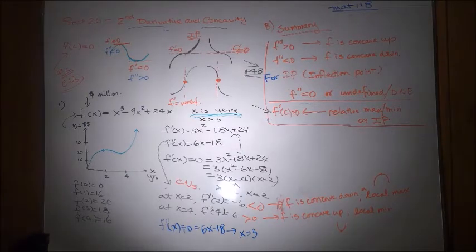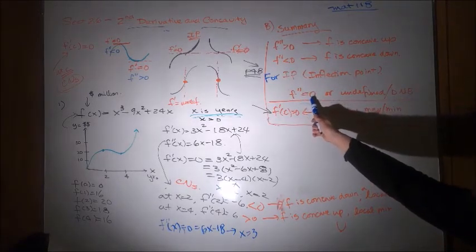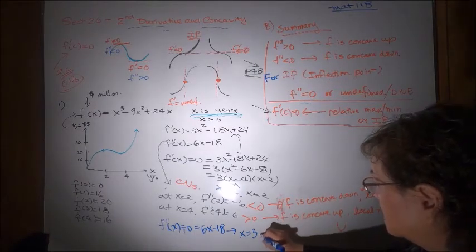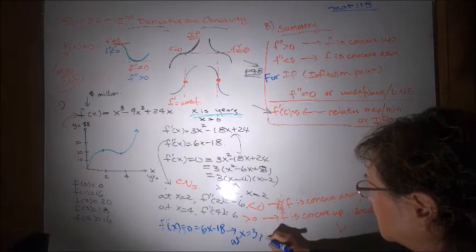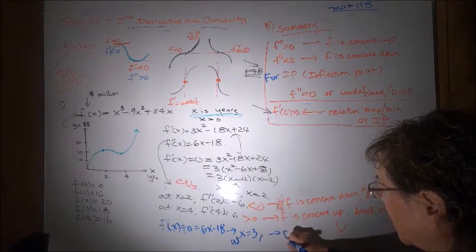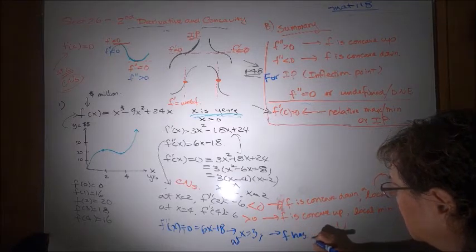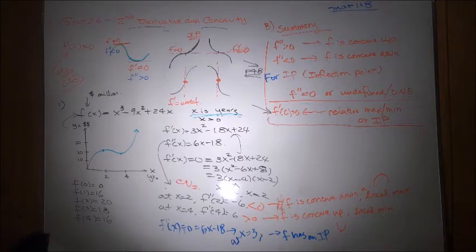So when f double prime is 0, what does it tell you? When f double prime is 0, it means what? At x is 3, f has an IP, an inflection point.